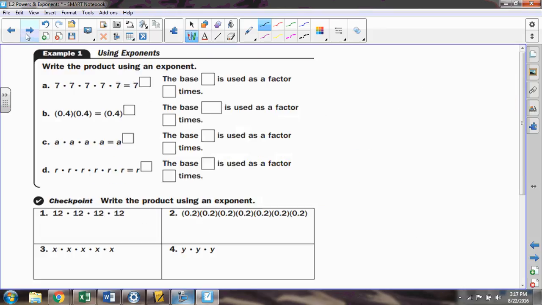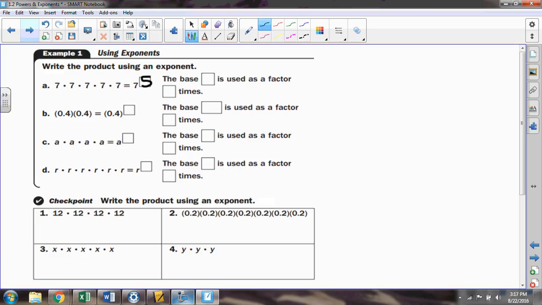So continuing here, let's start writing some of these powers using an exponent. Starting off with A, what should go in this first box over here? Power. Okay, so how many of them? And I've got lots of people telling me 5, showing me 5 fingers.